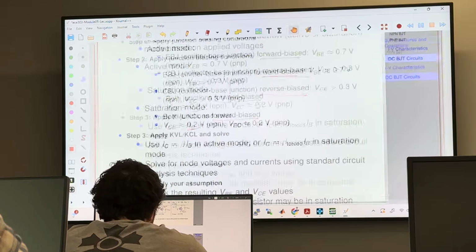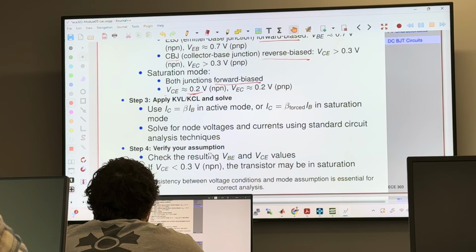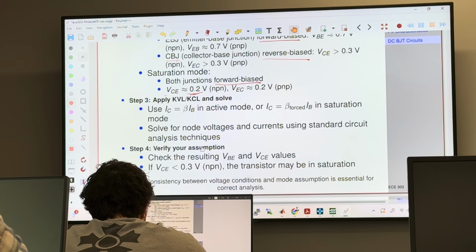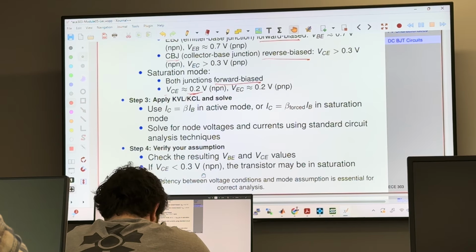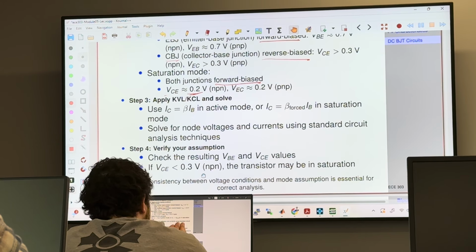You apply KVL and KCL. We did apply KVL and KCL right here, and you can verify the assumption of whether the transistor is operating in active mode or in saturation mode.